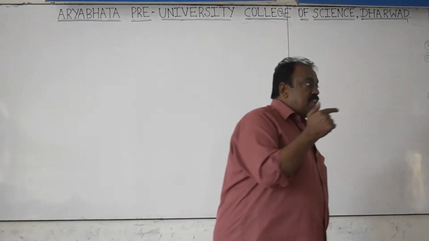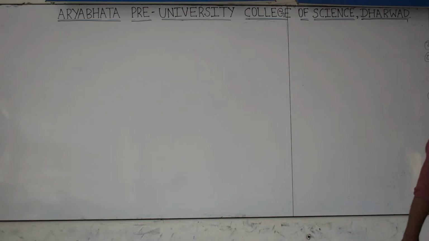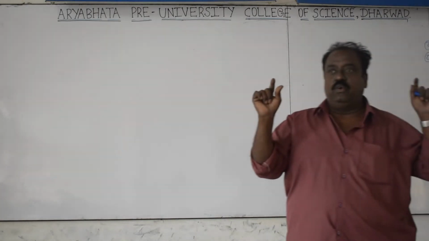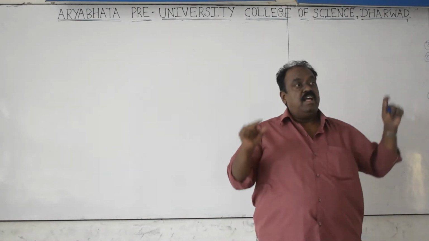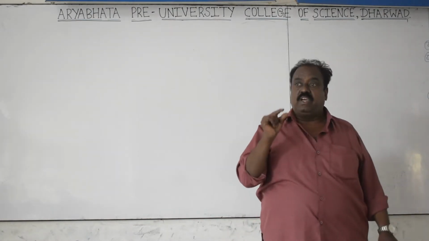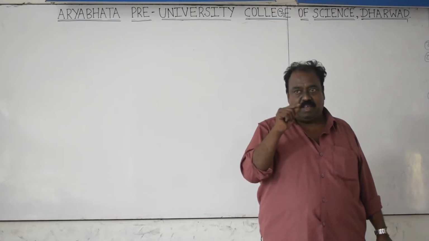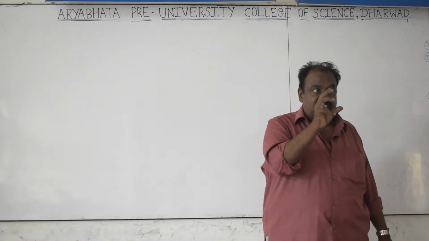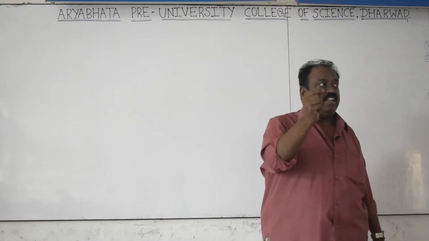Suppose a vector A bar is given, from initial point A to terminal point B. On that vector we can find A cap. A cap is A bar by modulus of A bar. The total vector is divided by its magnitude, then we can get the unit vector.